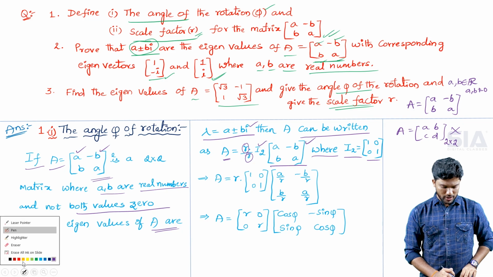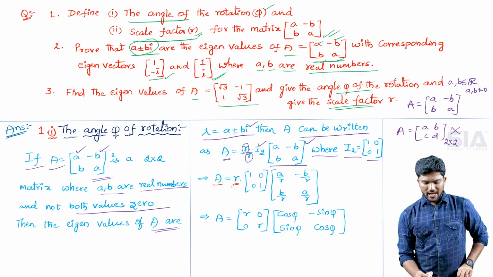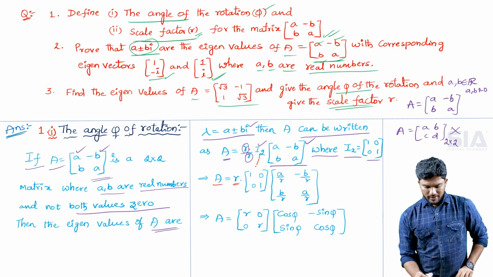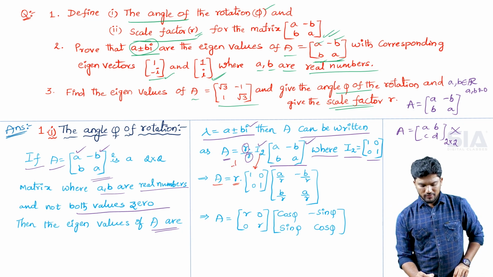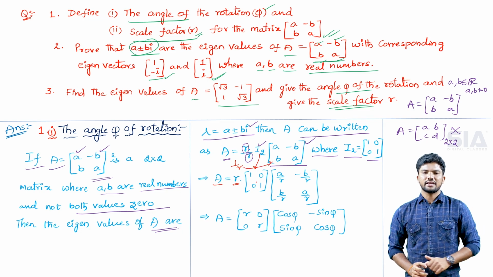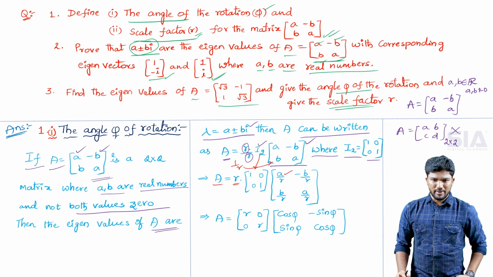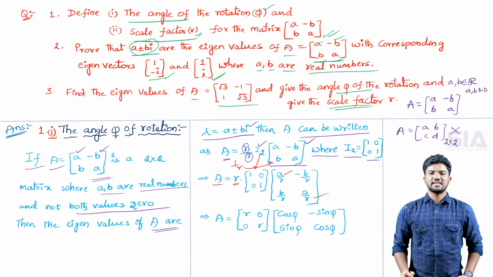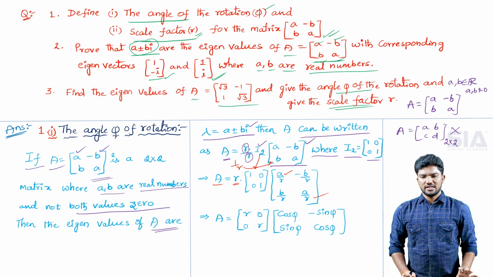Now substitute the corresponding values from the given data. So capital A equals small r times the identity matrix [1, 0; 0, 1], and this 1 by r you can multiply with capital A. Then you will get [a/r, -b/r; b/r, a/r]. This is the resultant matrix after dividing with scale factor small r.